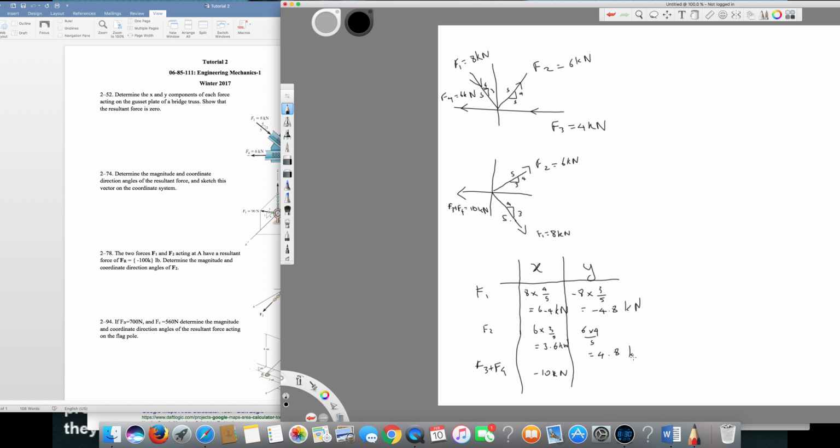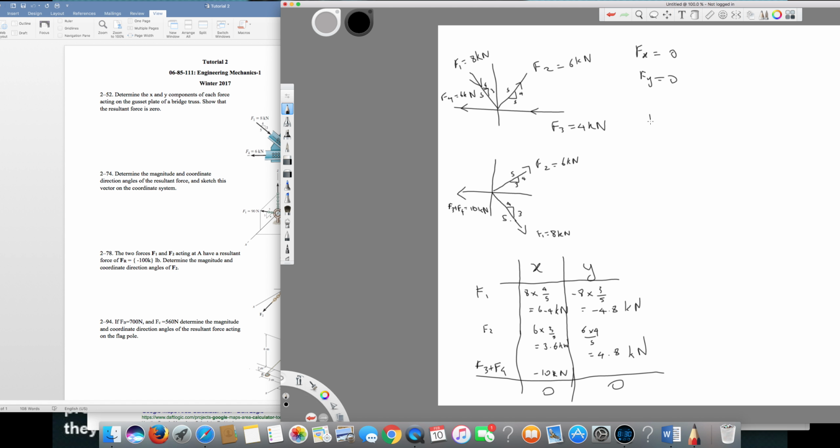Now we are going to add everything together and see what happens. If I add all the x components, 6.4 plus 3.6 is 10, and minus 10 is going to be 0. For the y components we have found, negative 4.8 plus 4.8 is 0. So both are 0, therefore Fx is 0 and Fy is 0.